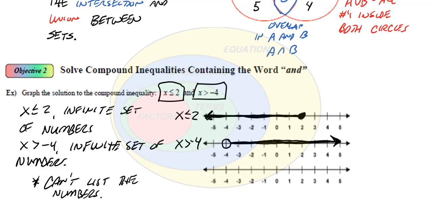All right, so we're going to line up number lines. These are called adjacent number lines. We want to compare adjacent number lines.